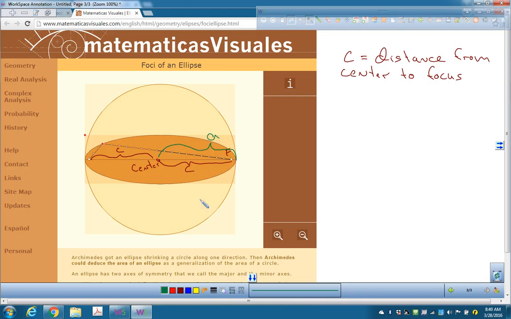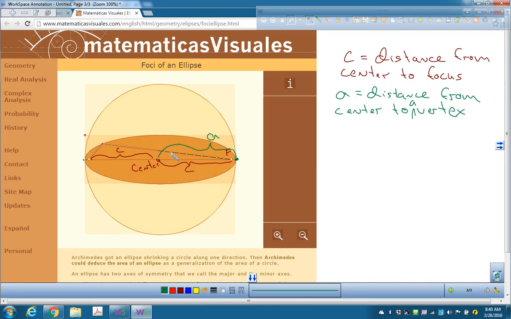That's called A, okay? So A is equal to the distance from the center to the vertex. And a vertex is the furthest point away from the center.